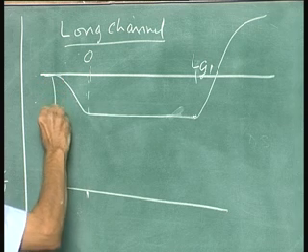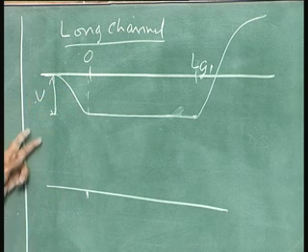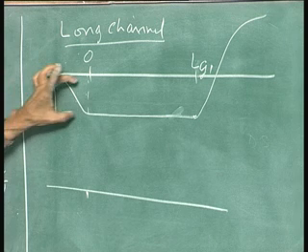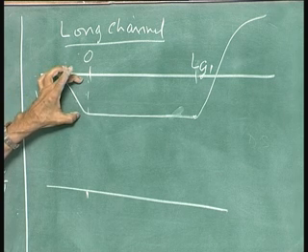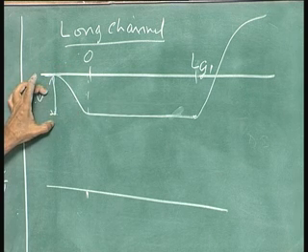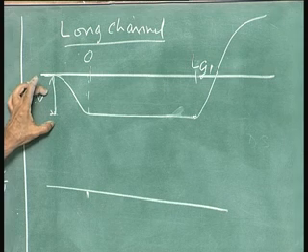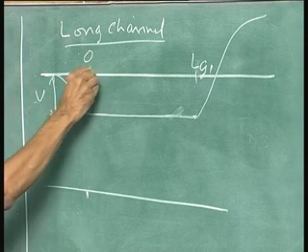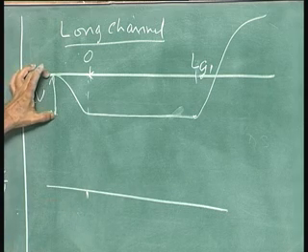And this is V, that is the voltage which is there below the threshold voltage. So, the barrier height here is totally controlled by the V. There is no other factor which is affecting the barrier height. That means the carrier concentration here is totally controlled by the V.